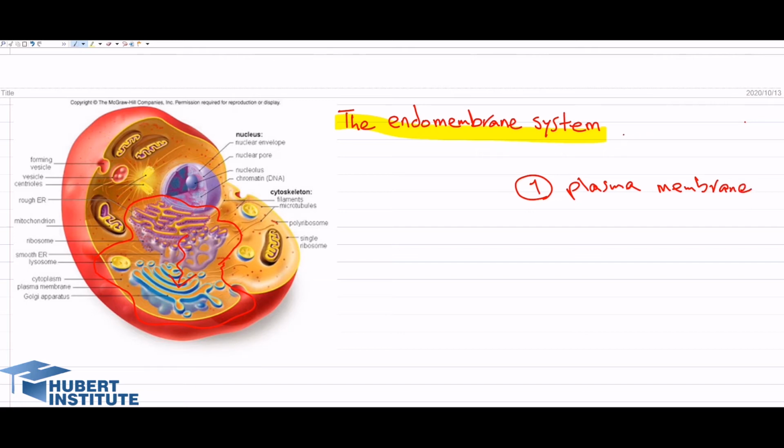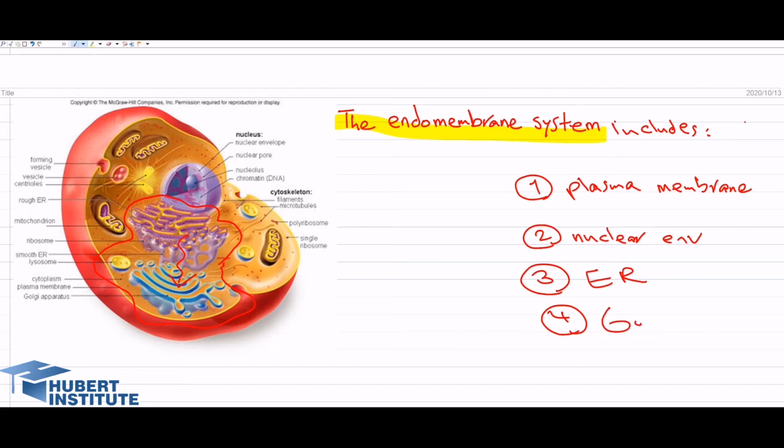So the endomembrane system includes the cell membrane, nuclear envelope, and the endoplasmic reticulum, or ER for short, and Golgi apparatus, and also lysosomes, which originate from the Golgi.